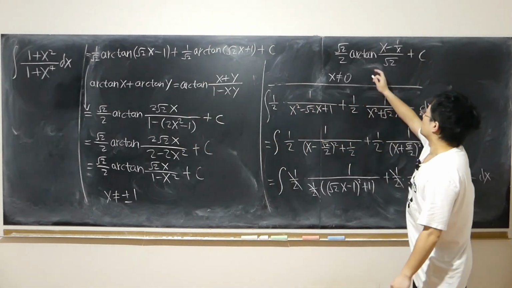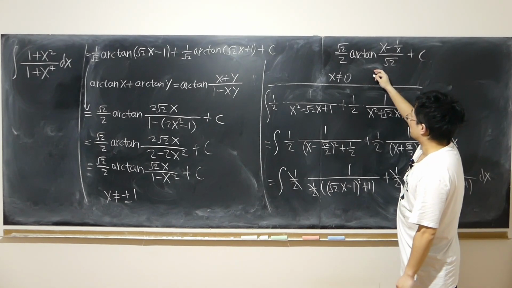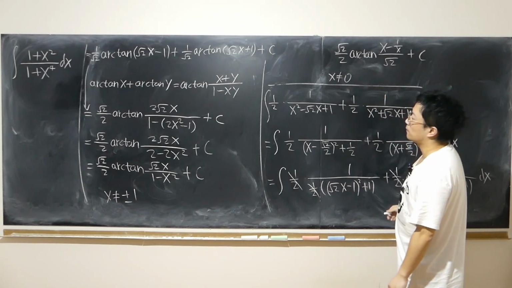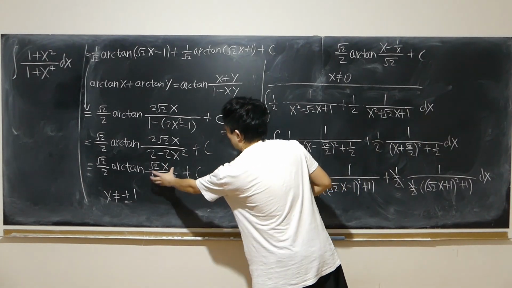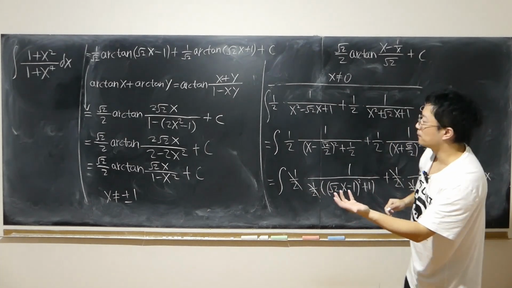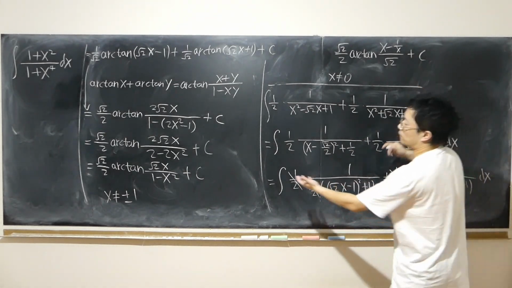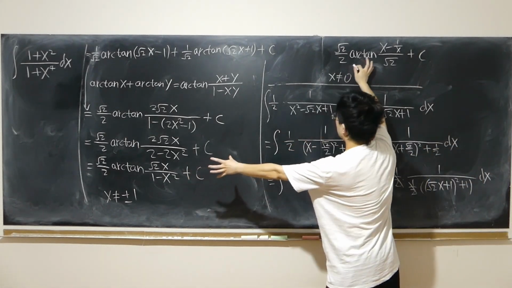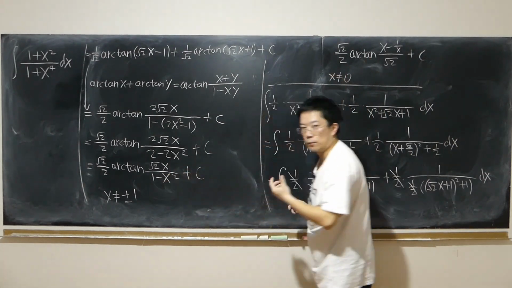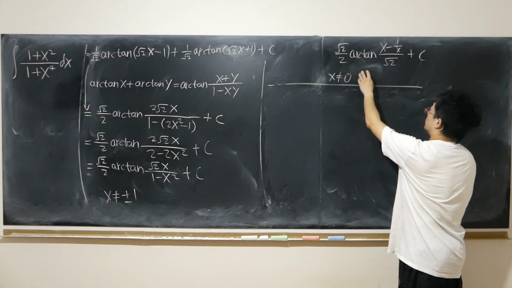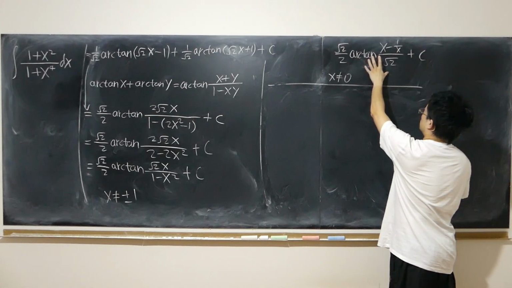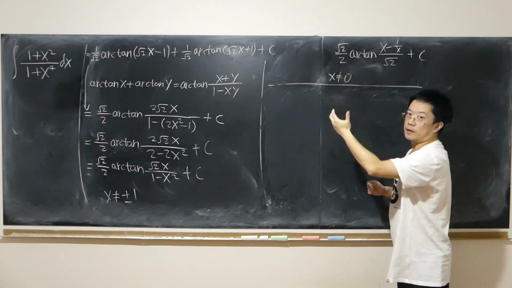And also, this answer from the first method, x cannot equal 0. So are they the same function, just differing by a constant, or not? This c might be different from that c. But when you take their difference, do they also differ by a constant? Now, if we just simply differentiate this, I'm just going to skip over all the algebraic details.